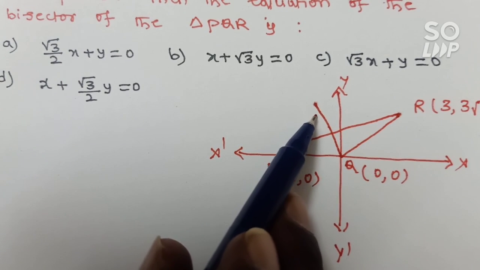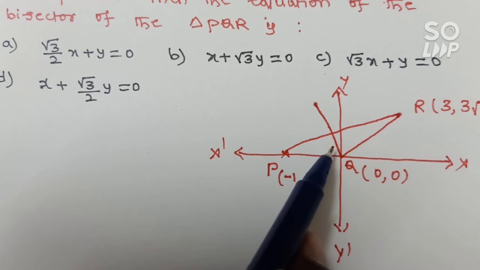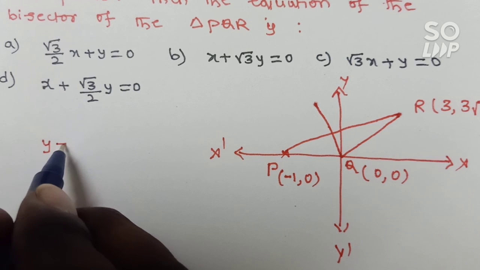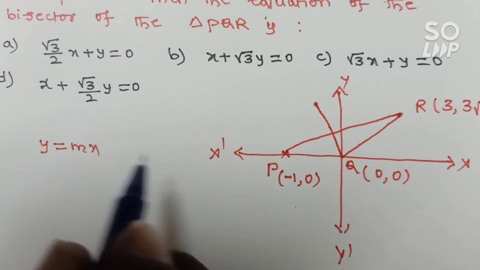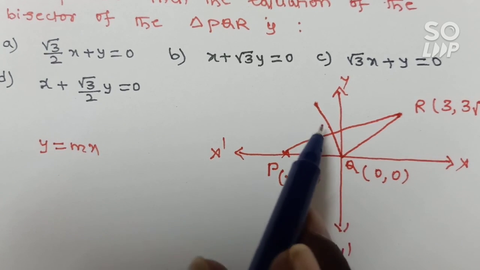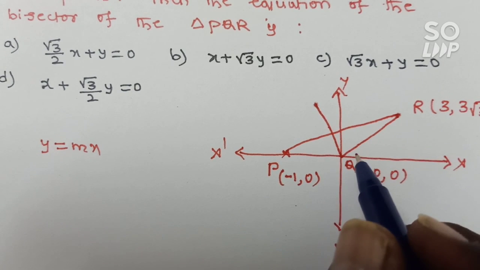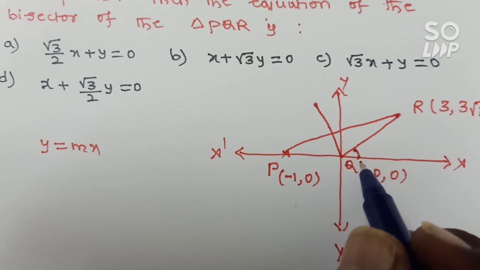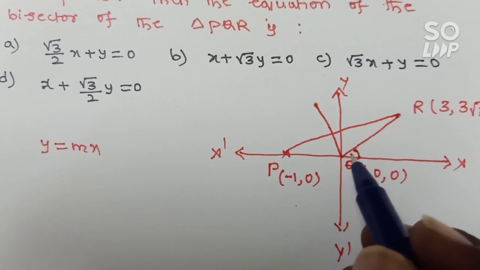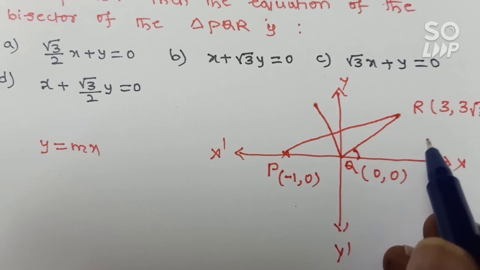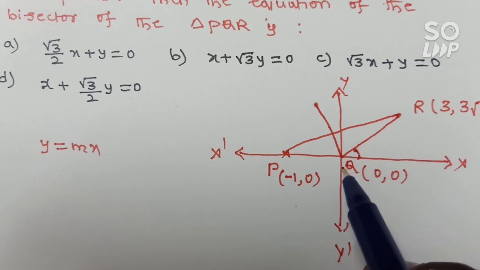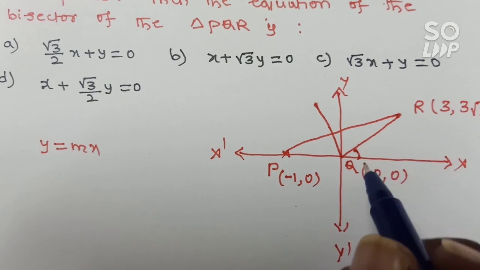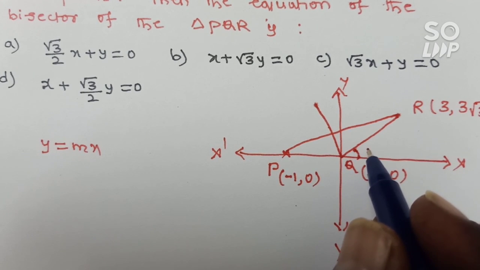The bisector at Q means this line is passing through the origin, so let the line be y equal to m into x, where m is the slope of the bisector at the angle Q. See, QR makes an angle with the positive x-axis. First you find the slope of QR. That is nothing but root 3. Tan theta is equal to root 3 means theta is equal to what?